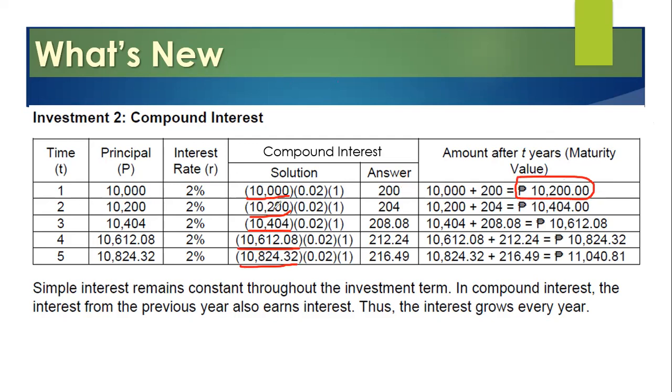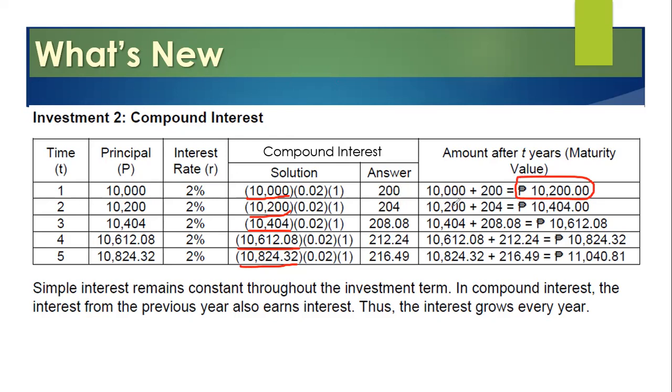So yun yung kukumputin natin for the second year. So 10,200, yun yung mag-i-interest. Okay? Times 0.02. Since yung time na lumipas is 1 lang. So 1 lang po yung lalagay natin dito sa t. So ang answer naman natin is 204 na yung naging interest or compound interest.